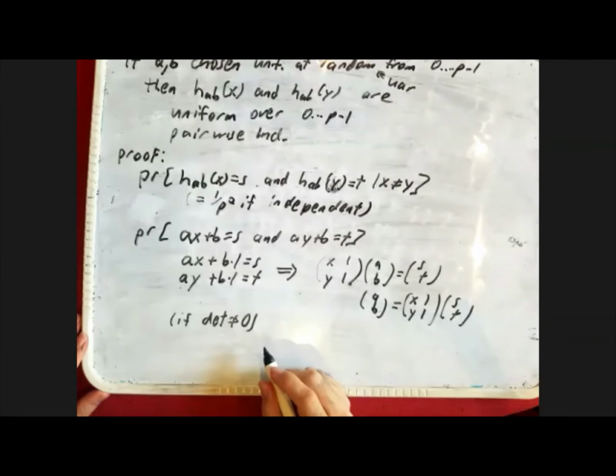If the determinant is zero, you don't have a solution, or you can have a multiplicity of solutions. But if the determinant is not equal to zero, what does that mean? What's the determinant here? X minus Y. Right.